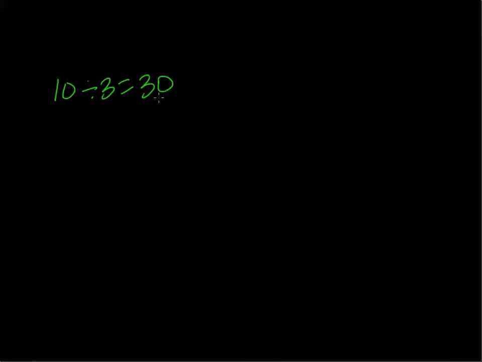That means that now the 30 is the number that I want to divide. The 10 is the divisor, or the number that I'm dividing by. And in this case, the 3 is the quotient.